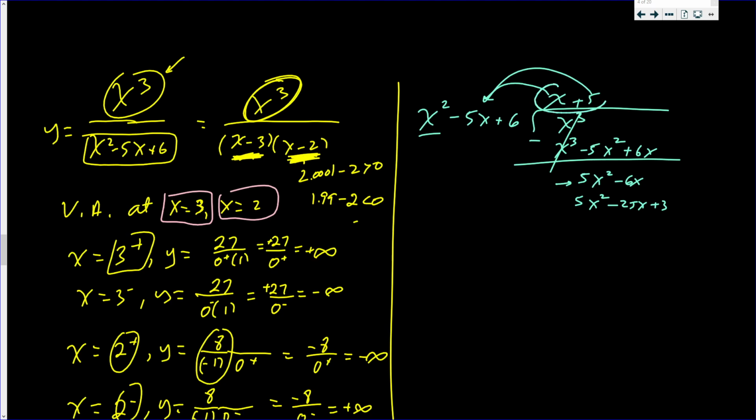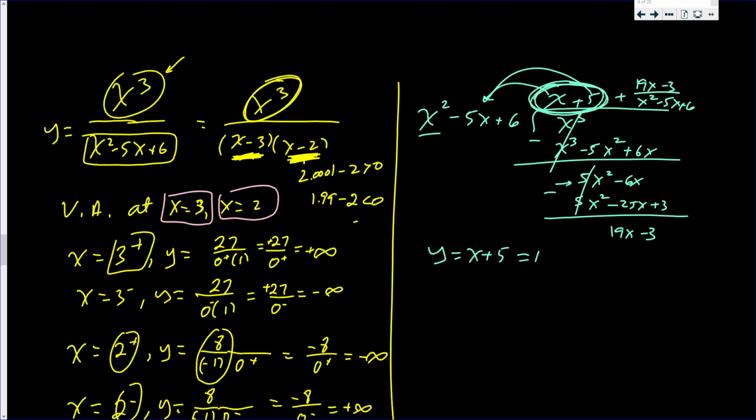To be honest, you can stop there. Because when you subtract, what you're going to be left with is the remainder. And the asymptote is everything but the remainder. It's x plus 5. So y equals x plus 5 is the slant asymptote.